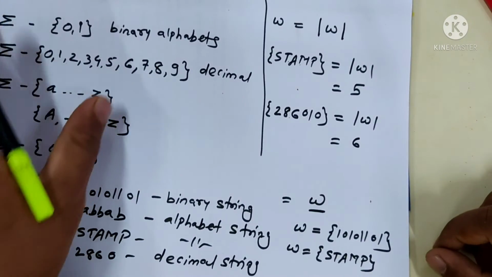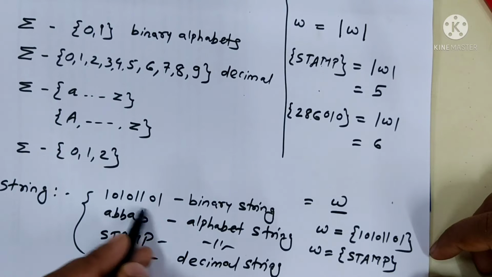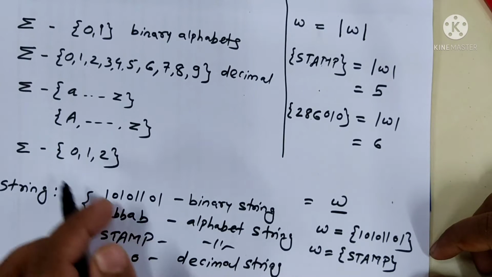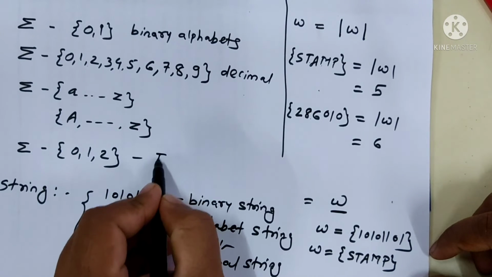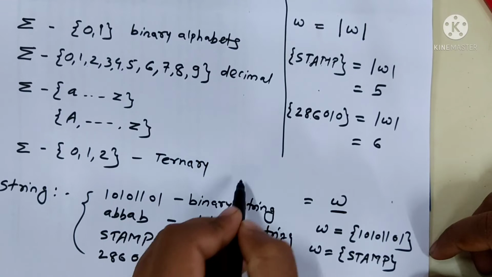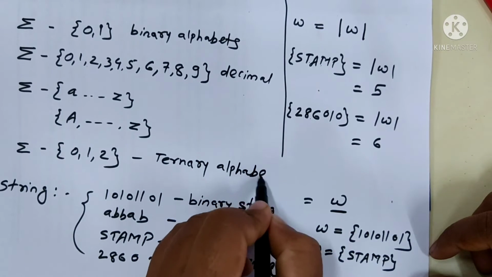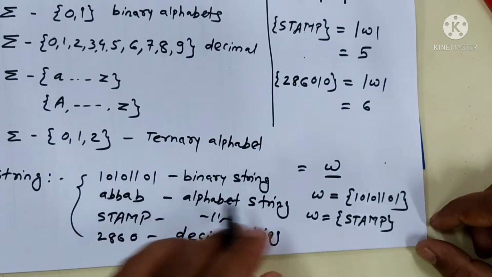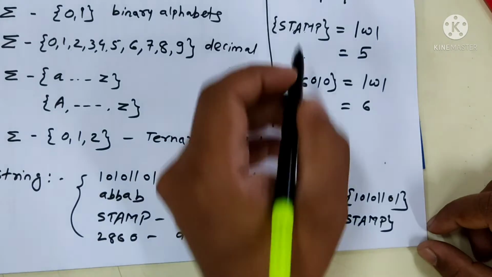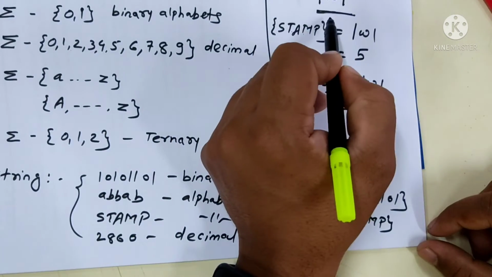So by using alphabets, we create a string. A string is nothing but a binary string, alphabet string, decimal string, or ternary string. By using this string, we input the string into the machine, and then we calculate the length of the string like that.